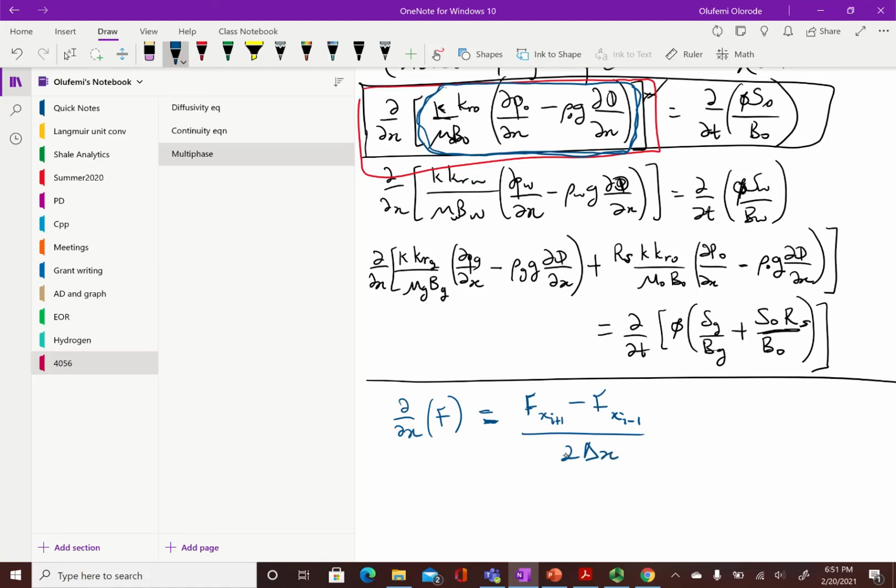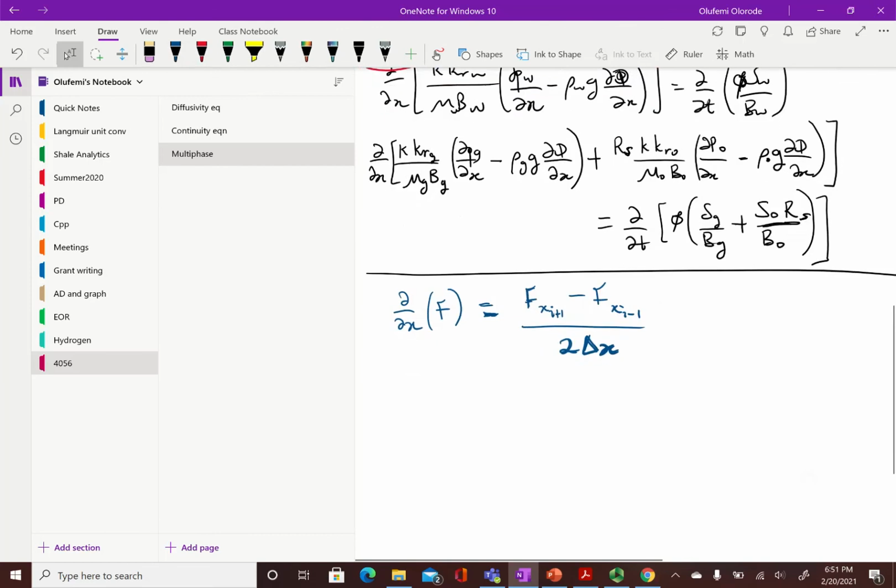This was the standard form of the central difference approximation. But we said we're going to work in terms of i plus half and i minus half, the original form, which is what I looked at just now. So f at x i plus half minus f at x i minus half, divided by what?